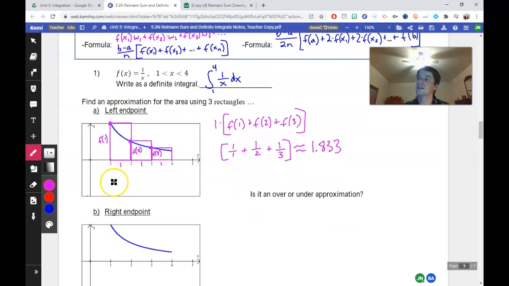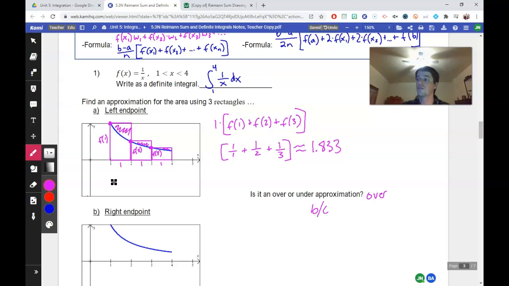And so the question is, is it an over or an under approximation of the area under the curve? If this is the area under the curve, do my rectangles over approximate or under approximate? Hopefully you see here, because of this excess on top of the rectangles, it is an over approximation.